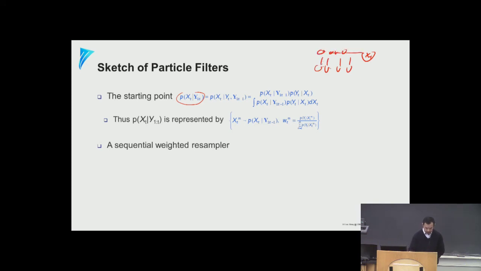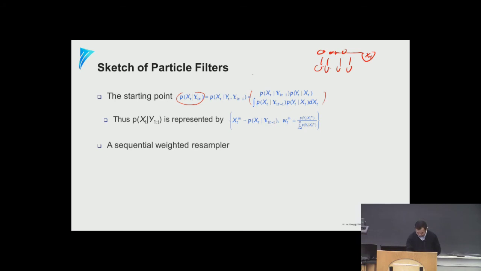And how to express that? Well, here is the first thing. You can hopefully prove to yourself that I can break down the expression of xt given y1 to t into this expression.